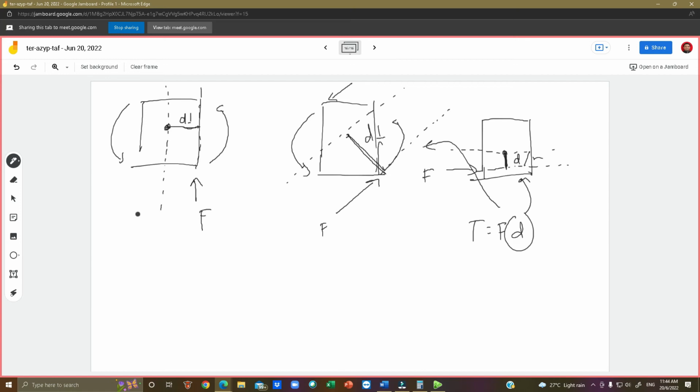Same as human body part. Human body part works by using torque. We take a simple example of our own hand. Okay, this is our hand. This is our radial ulna. This is our humerus. This is our shoulder.